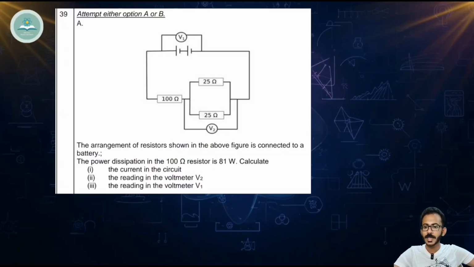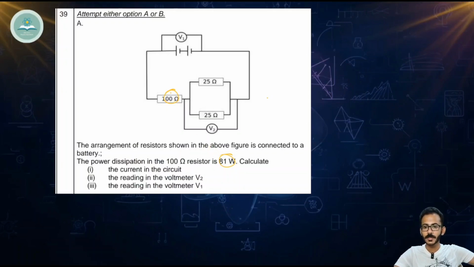So here they have specifically told us about the power dissipation in the 100 ohm resistor. The power across this 100 ohm resistor is given to us already, that is 81 watt. Why have they given it like that?